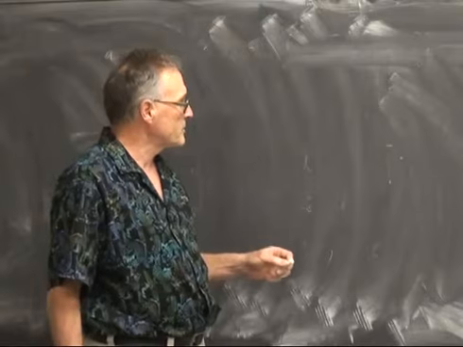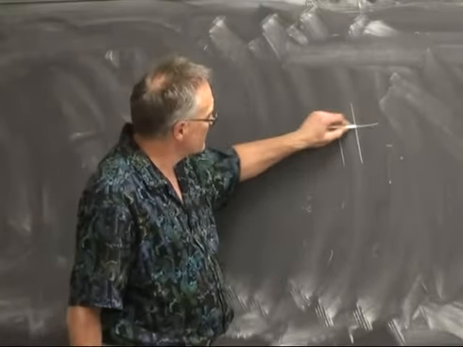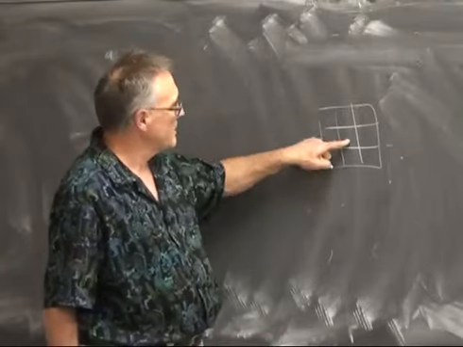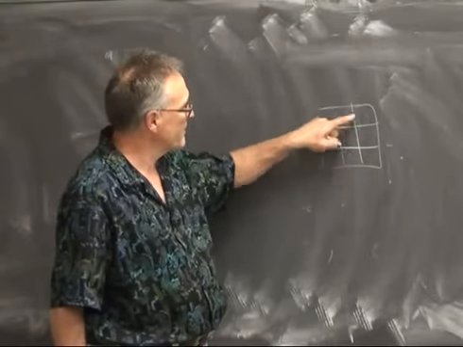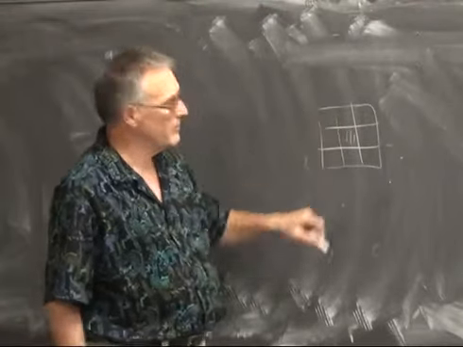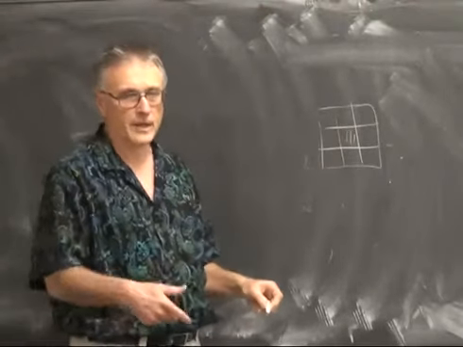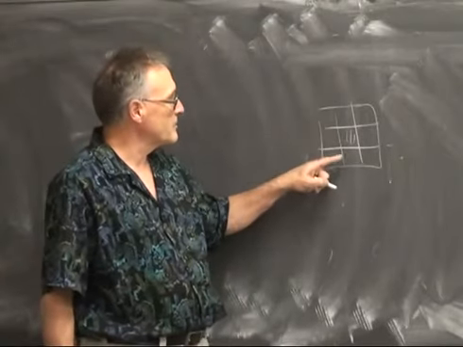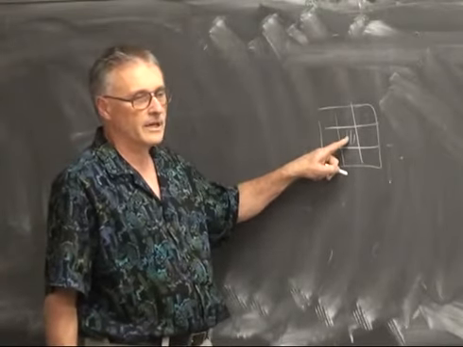And the rules are simple. Each cell has 8 nearest neighbors. 1, 2, 3, 4, 5, 6, 7, 8. If it has one nearest neighbor and it's alive, has binary 1, it dies from loneliness. If it has 2 nearest neighbors, it stays alive.